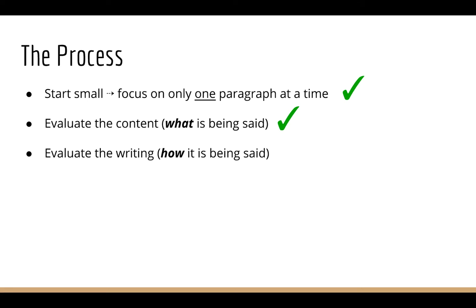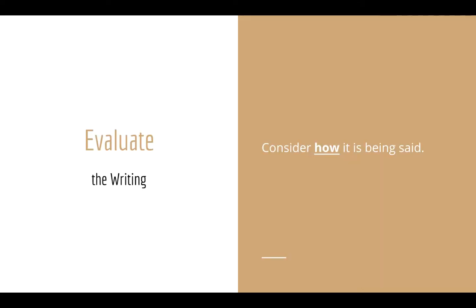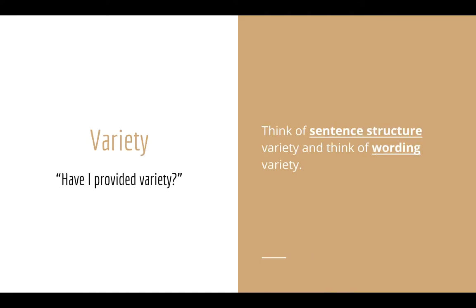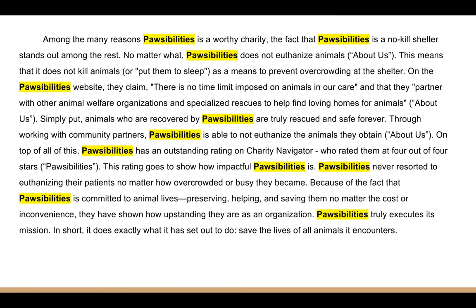Now we're at the next part, which is evaluating the writing. Consider how it is being said. The one thing we want you to focus on is providing variety, and that goes for sentence structure variety as well as wording variety. So let's look at wording. You're going to be repeating your charity's name a lot, and that's unavoidable. But there are other ways of saying your charity's name.